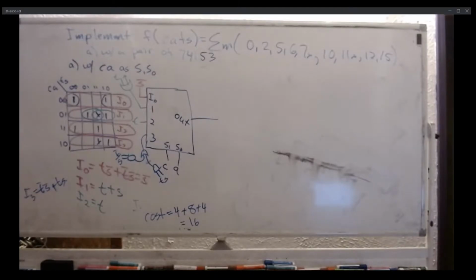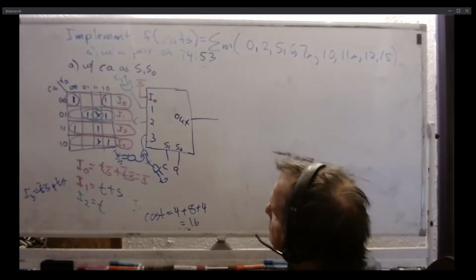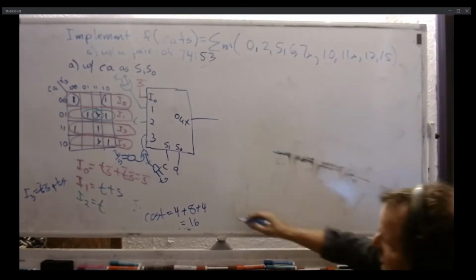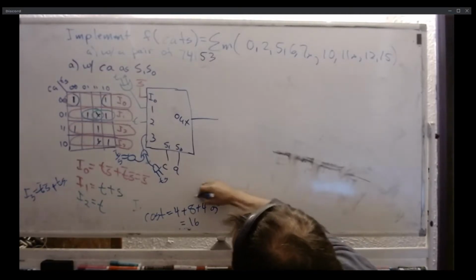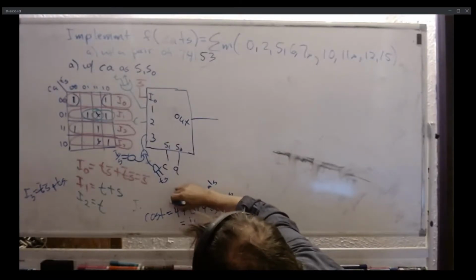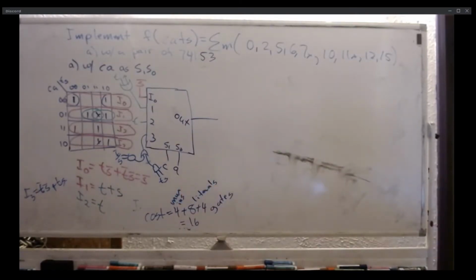So there's 4 gates because we use 2 OR gates and 2 AND gates, right? You got it. And then what was that last 4? This is 4 gates. There's 8 literals, and there's 4 mux inputs. Oh, okay, that's right.